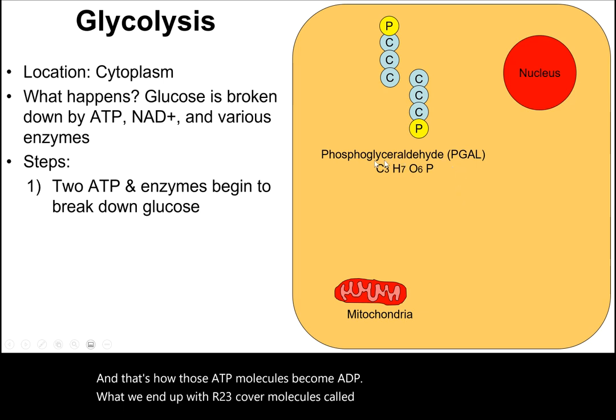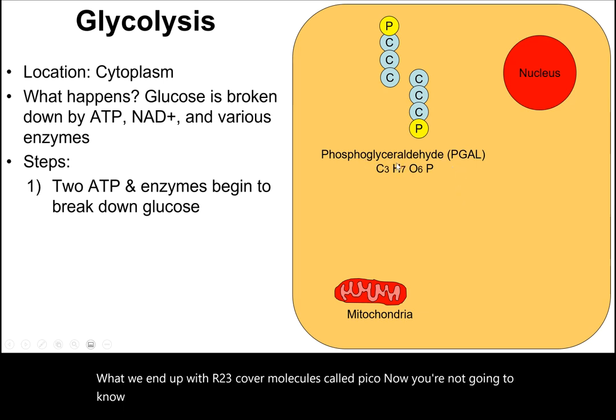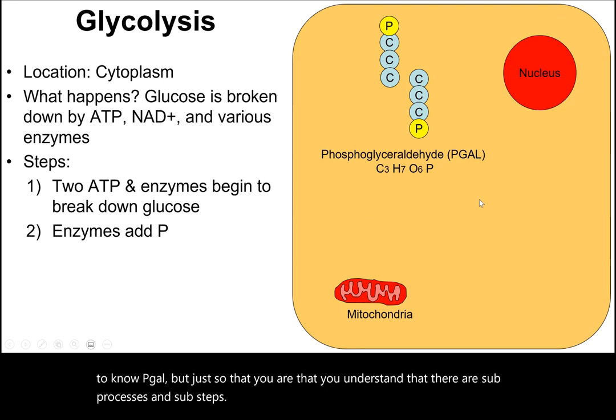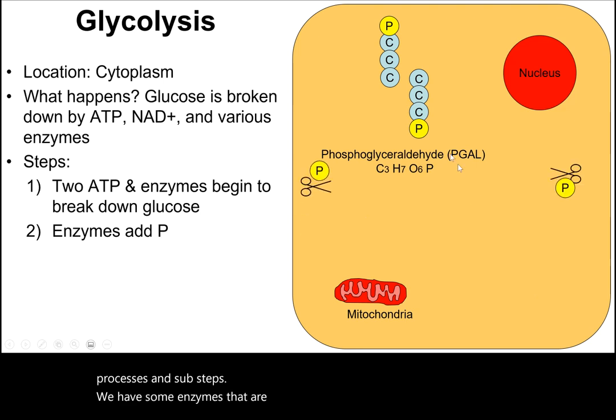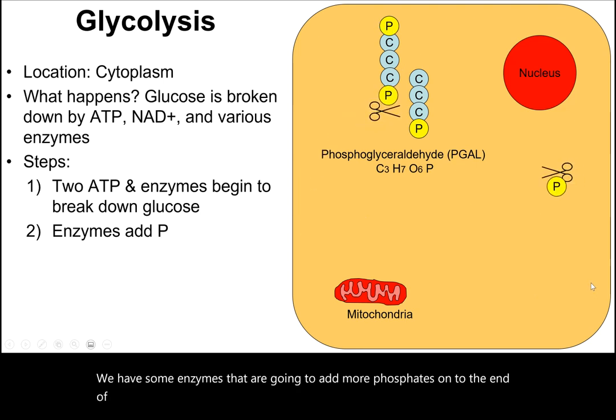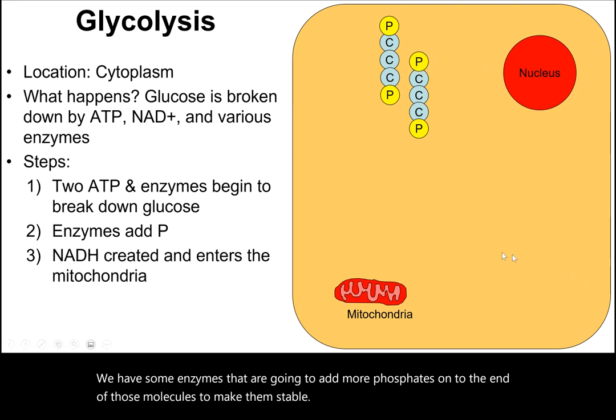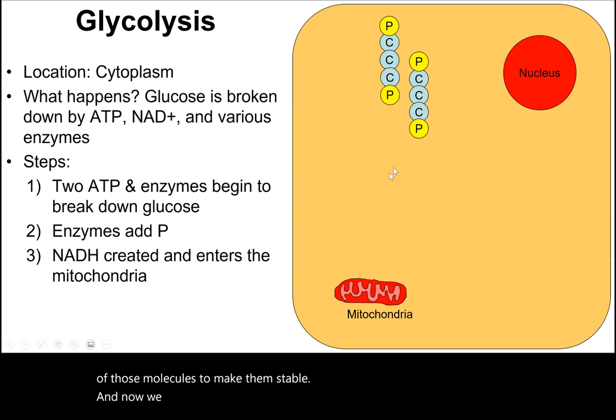Now you're not going to need to know pGal, but just so that you understand that there are sub-processes and sub-steps. We have some enzymes that are going to add more phosphates onto the end of those molecules to make them stable. And now we have some NAD plus that's going to come in, and it's going to steal some of those hydrogens because remember, these aren't just carbon molecules.